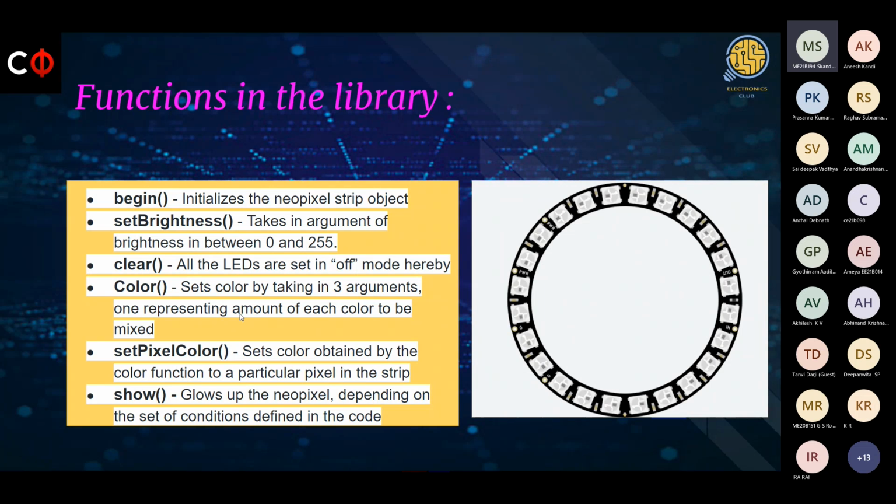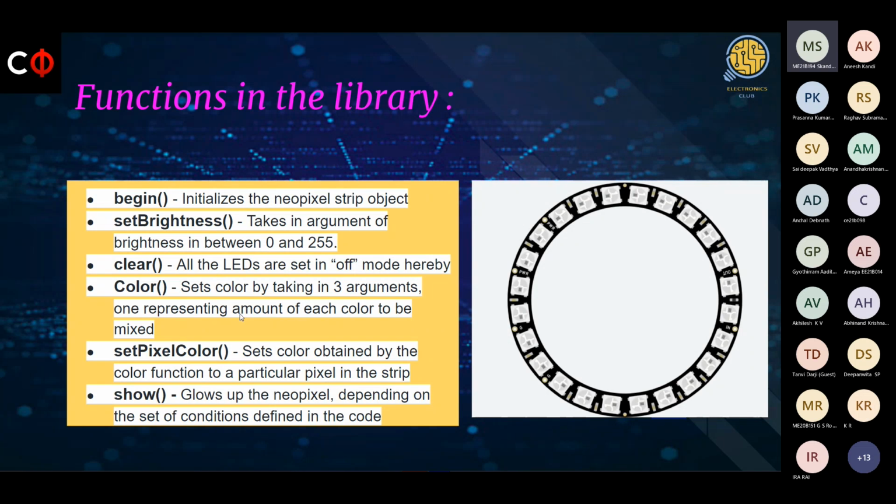This function takes in its second argument as the variable of the data type whose memory space you have defined in the first place, which we'd be seeing in the code after some time. So this set pixel color sets color to a particular pixel in the strip, as I was saying.